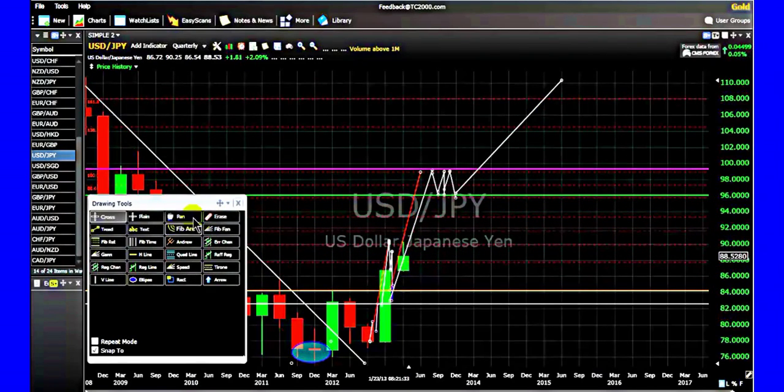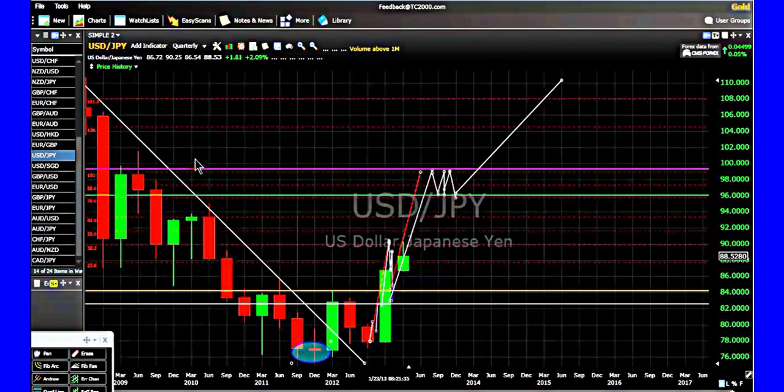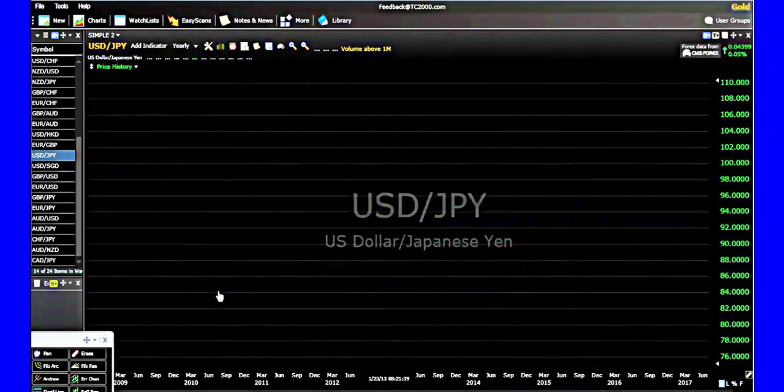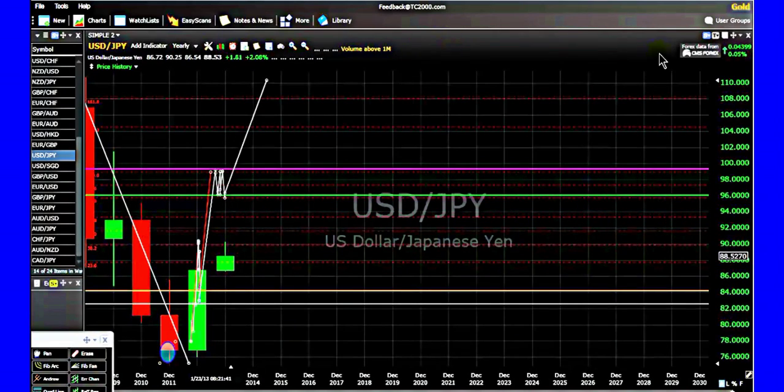I can't see the rest of my projection here on the quarterly chart. I'll go to the yearly chart, and again I couldn't see. It's somewhere far up here. We can see my projection is far away in the future, above 110 for the dollar yen.